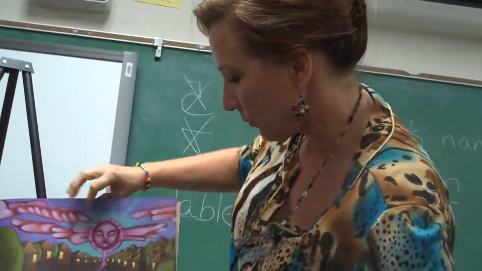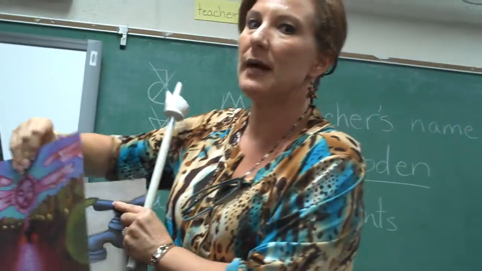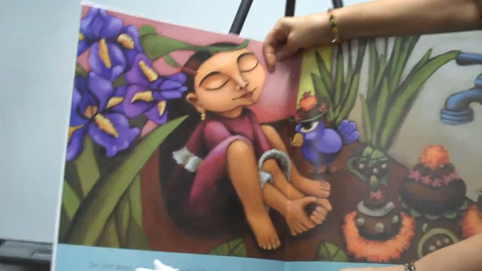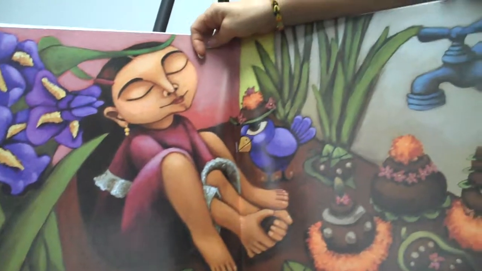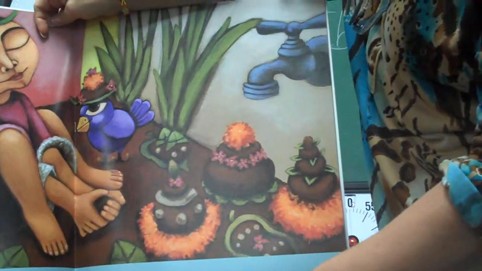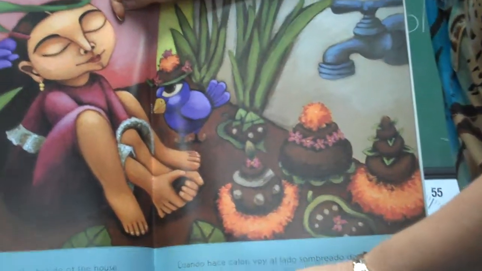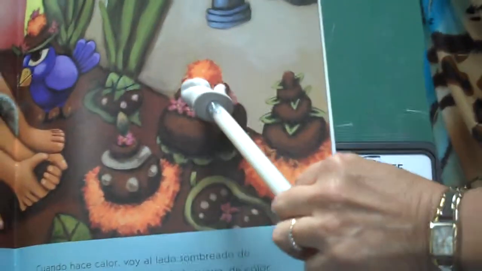Okay, let's turn the page now. We're going to find out something. So the first one was hot pink. On hot days, I go to the shady side of the house. I make mud pies with squishy brown mud and orange marigold flowers. Okay, these are marigold flowers. Okay.